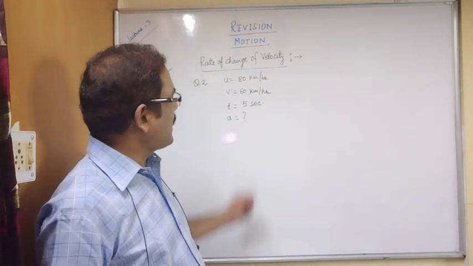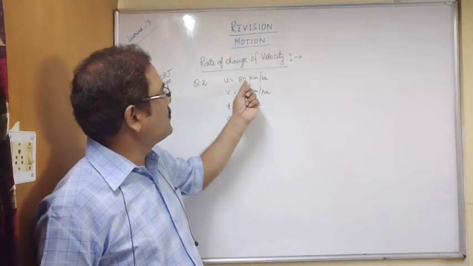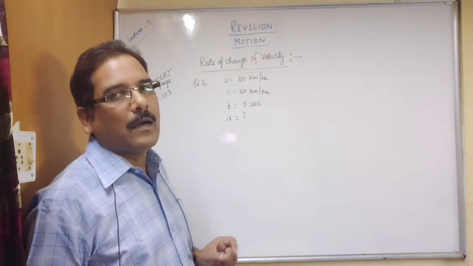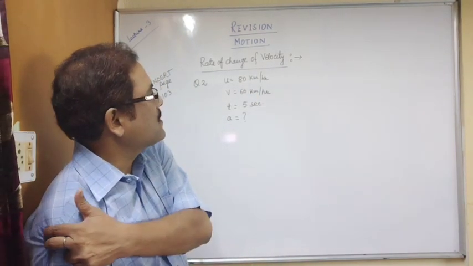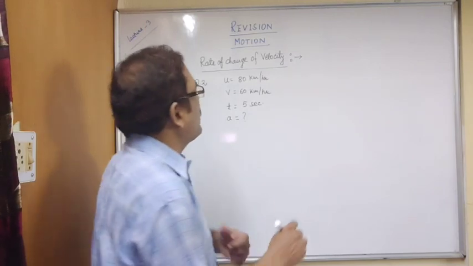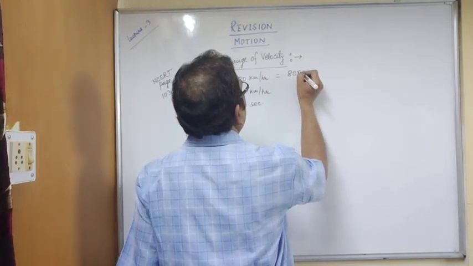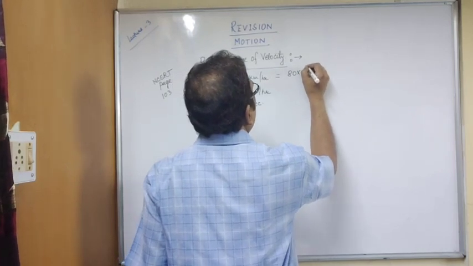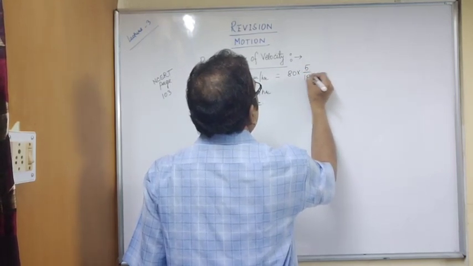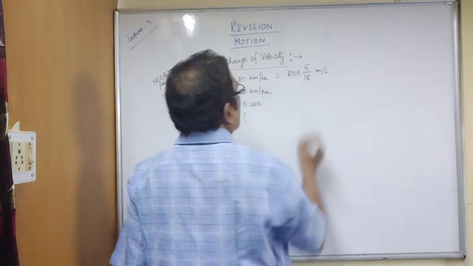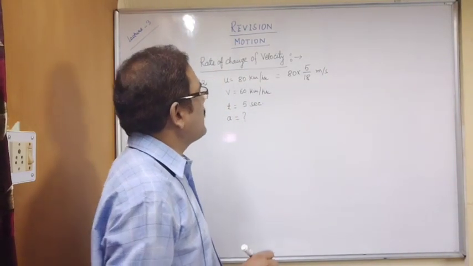So time is in second, and these two velocities are not in SI unit. So first convert it into SI unit. So whenever you have to convert kilometer per hour into meter per second, you multiply it with the number 5 by 18 meter per second.